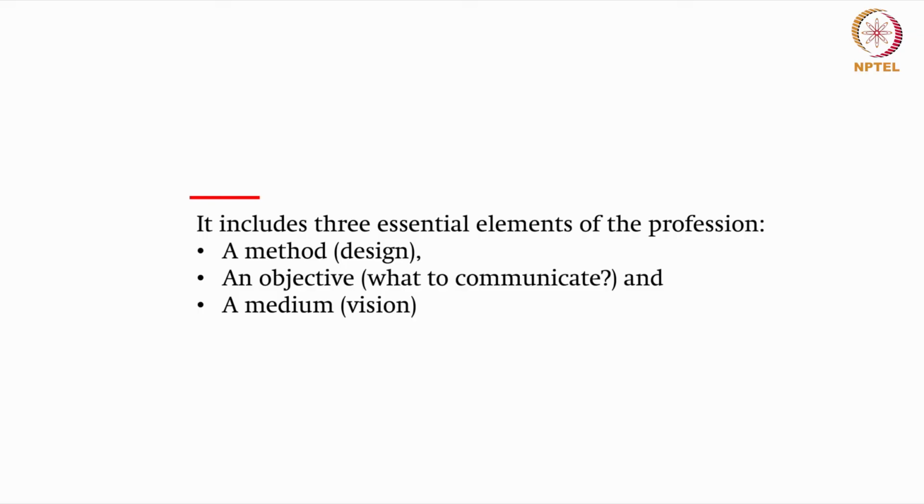To create similar kind of impact and communication, it requires the consideration of three essential elements of this profession. As listed on the screen, these are a method, basically the design or the process which you are following to execute the project, an objective of what to communicate, objective of what to achieve, and the medium or a vision, so that how and in which form you want to achieve this.